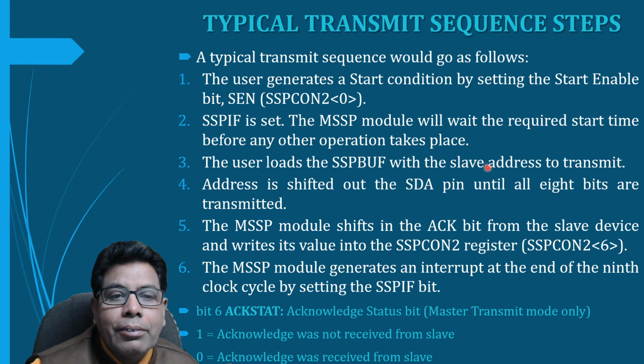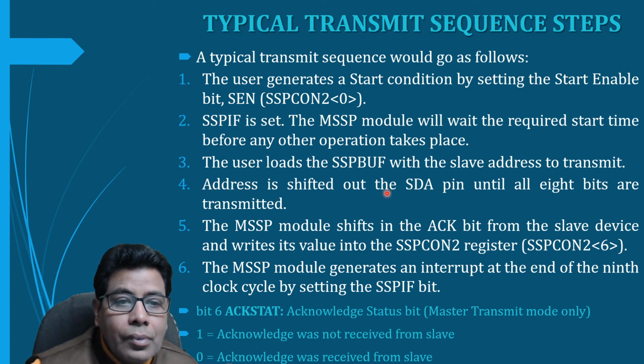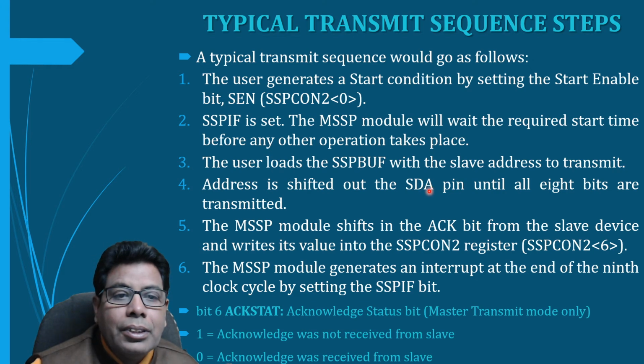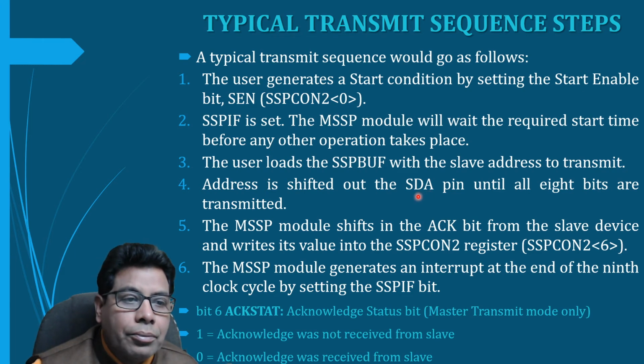Here the slave address is 7 bit. That will be loaded, and this address is shifted out to the SDA pin until all bits are shifted. That's why the shift register SSPSR is used here.